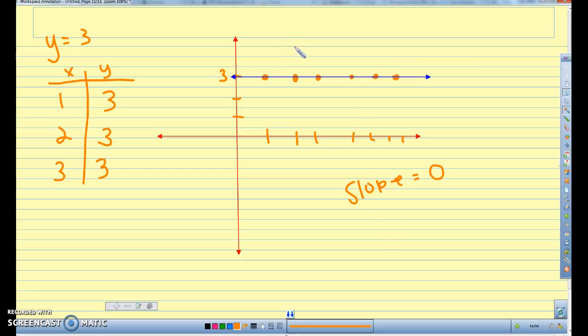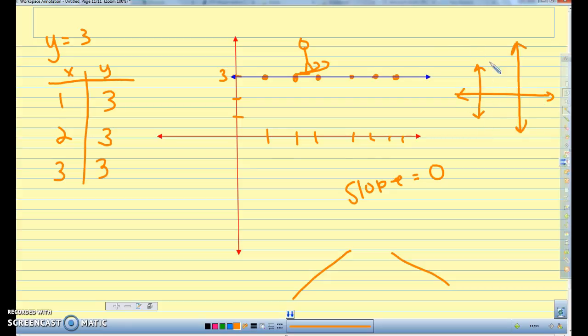Why? Well, because if I was a little skier skiing across this land, we'll draw some nice little skis, you're going 0 miles per hour. It's straight, versus the other ones that looked like this or like this, I have some momentum to go down. Also remember that if I get a slope that is vertical, up and down, so here's my coordinate plane, and let's say I have a slope that looks like this.